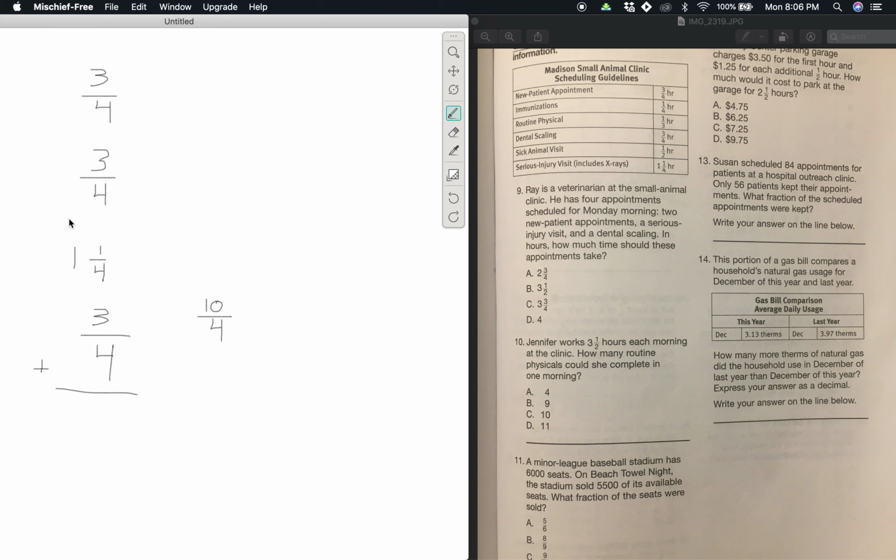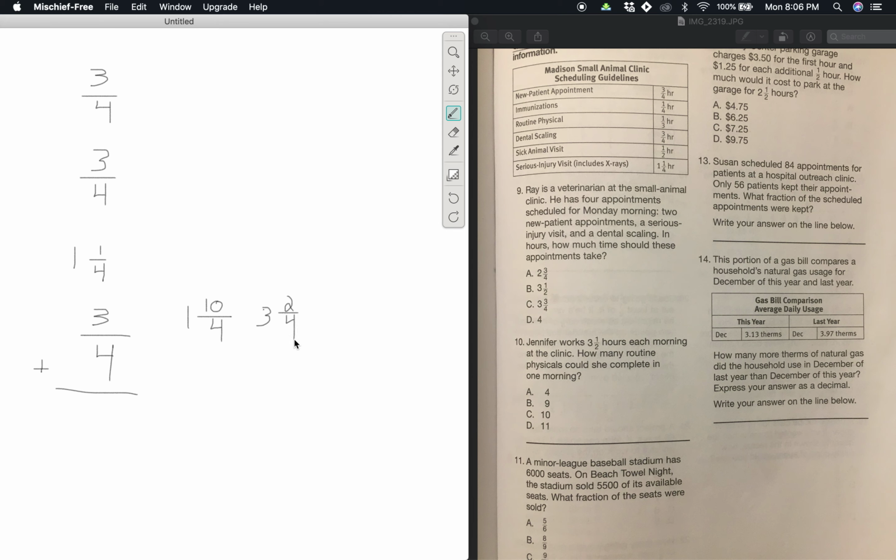Now we can add up the whole numbers, which is a 1 over there. So we have 1 and 10/4. But since this is an improper fraction, we can get some more whole numbers out of here. 4 goes into 10 2 times, plus the 1 whole number we already have is 3, with 2 remaining from the 10.